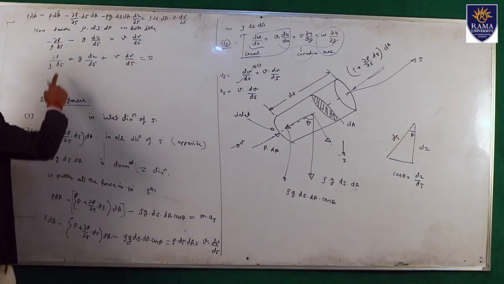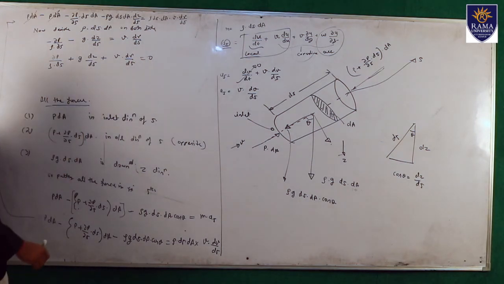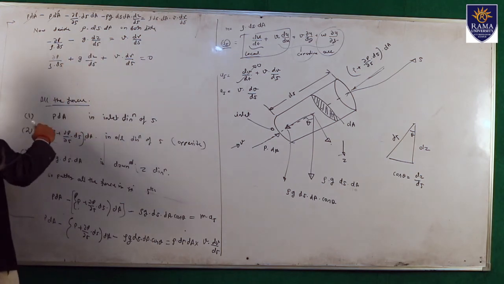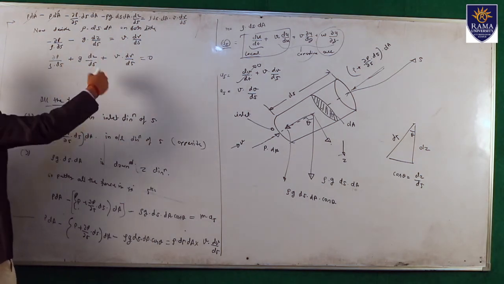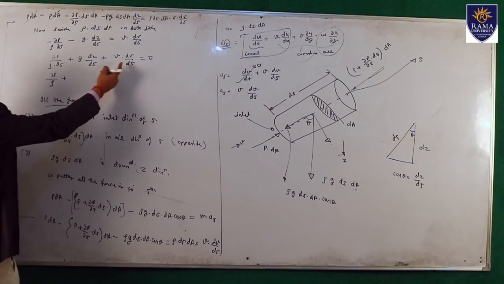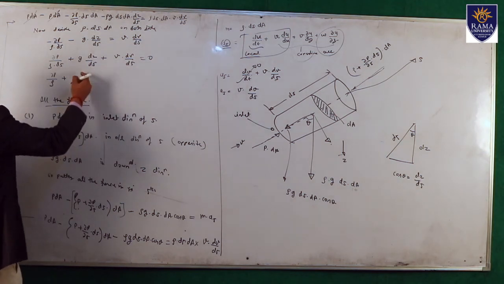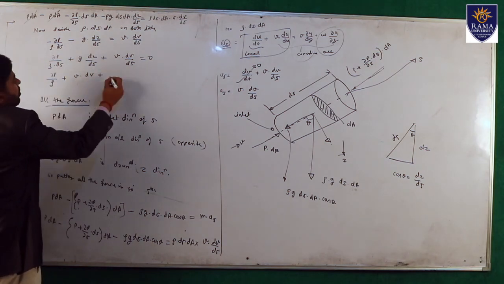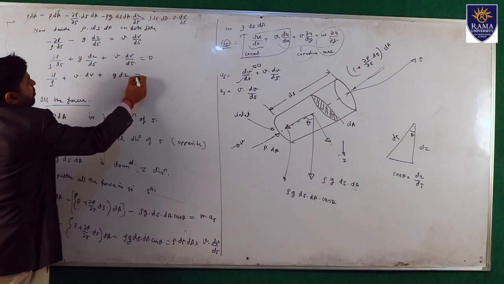Now ds is in the denominator, so we can just eliminate it. 1 upon ds we can take common and go to RHS. So del P upon rho plus v dv. Okay, ds will remove, only g dz equals to 0.